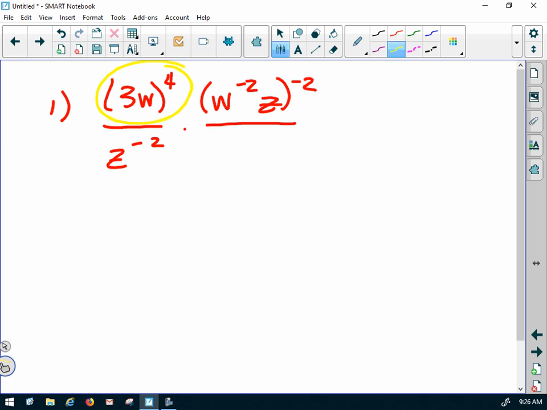Power of a product. So power of a product, what does that tell us to do? 3 to the fourth power, which is 81, times w to the fourth power. So write 81 w to the fourth power.